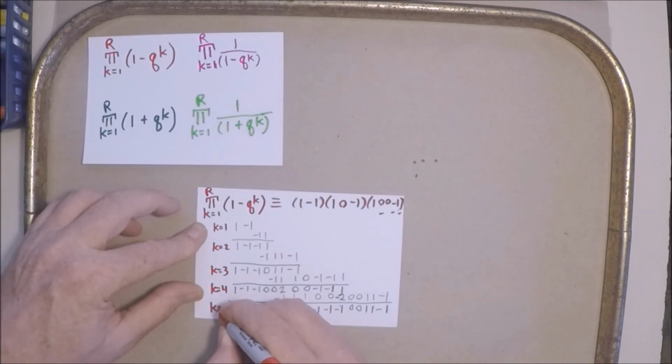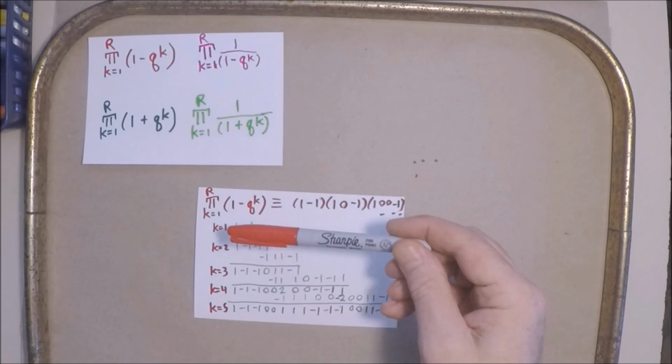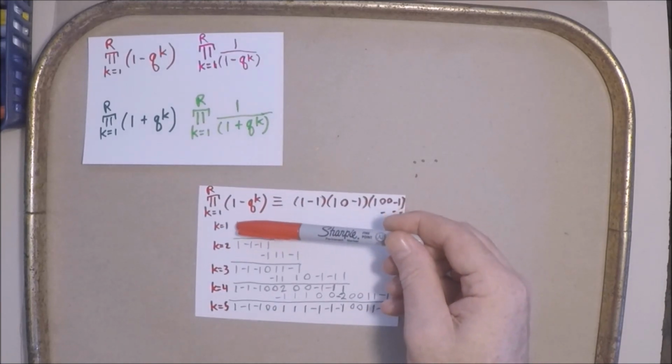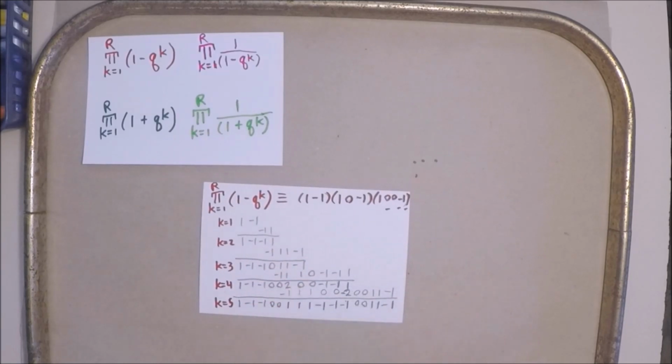So for this one, we found that by multiplying out the factors, up to k equals 5. That's simply one factor multiplied in, two factors multiplied in, 3, 4, 5.